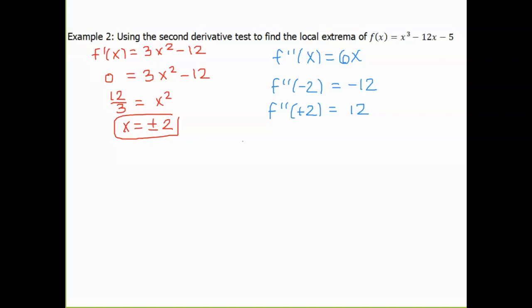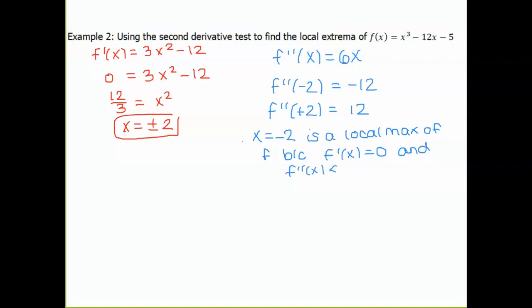So to write that out as a justification, we would say x equals negative 2 is a local max of f because f prime of x equals 0 and f double prime of x is less than 0.